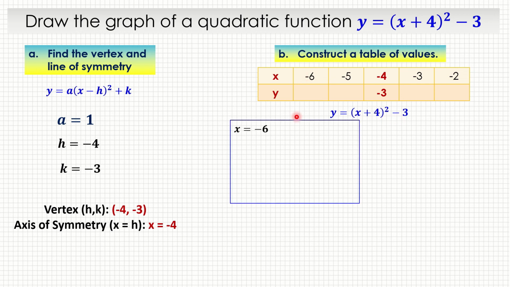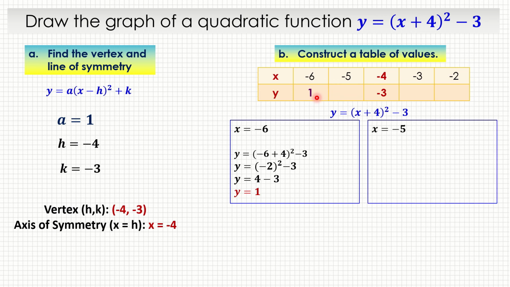Start with x is equal to negative 6. Substitute it for the value of x. We have y is equal to the square of negative 6 plus 4, minus 3, which is equal to negative 2 square minus 3. That is 4 minus 3, equal to positive 1. Therefore, the first value of y is equal to positive 1. Let us proceed with x is equal to negative 5.